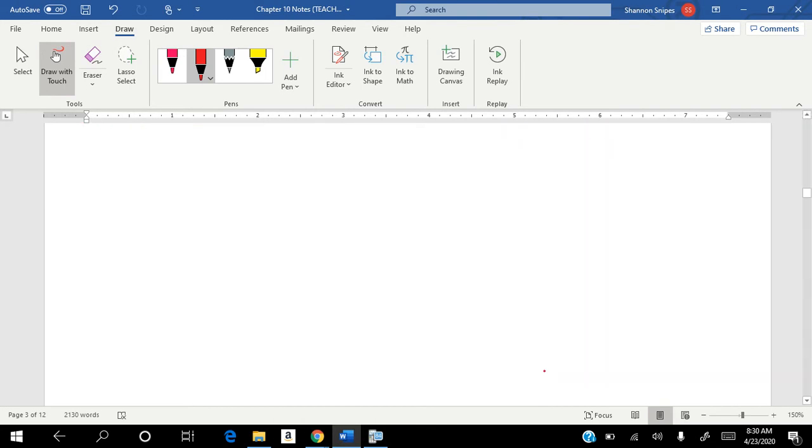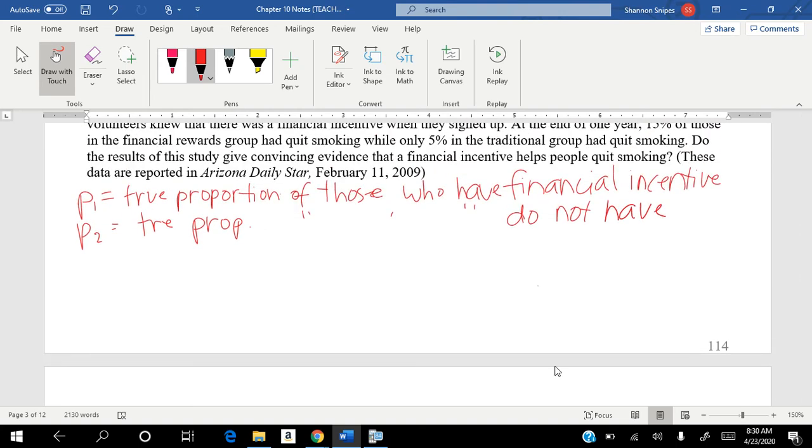Okay, so I think I have enough room. Our null hypothesis is going to be P1 is equal to P2. And our alternative, I like using it like this because we could write it with the subtraction, but I like this better because it actually shows you what you're investigating: that these two proportions stayed the same, or that the financial group had a higher rate of people quitting.